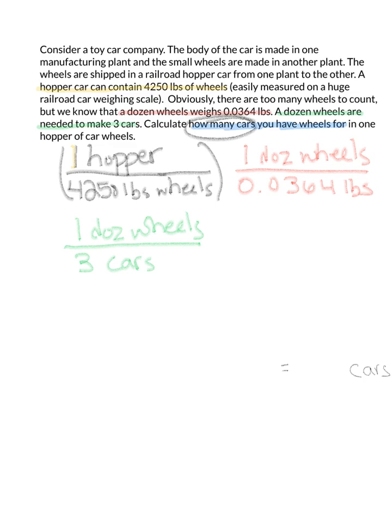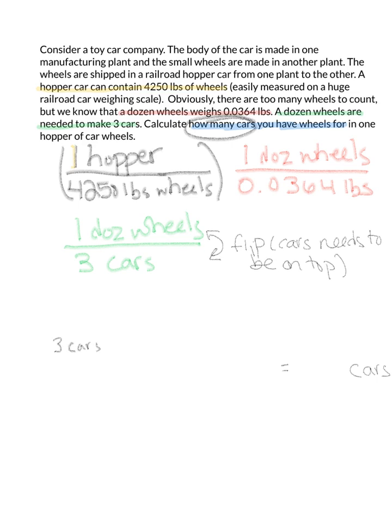So maybe what I need to do with this factor is flip it, right? Why? Cars needs to be on top. And by the way, the really lovely thing about this is multiplication and division, and it doesn't matter what order I do it in as long as I do it. So why don't I just take that one first?